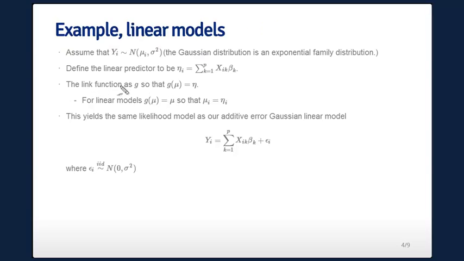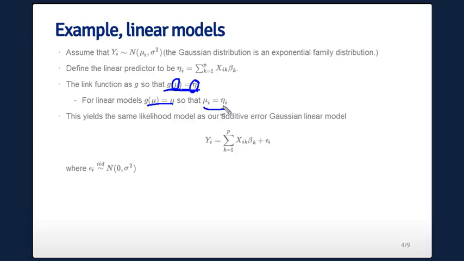And in our case, we have this link function, g of mu, where g of mu equals eta. And this is always the case. The link function is such that it links the mean of the y's to the linear predictor. That's why it's called the link function. In the linear model, g of mu is just mu, so that mu i and eta i are the same.